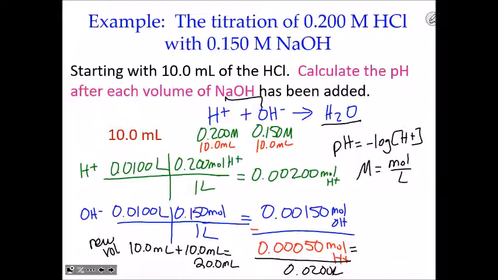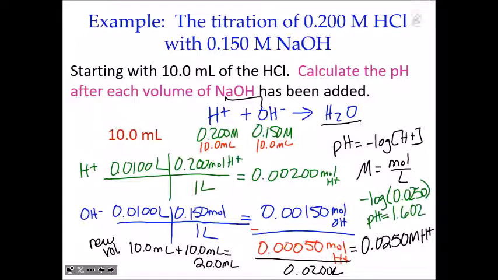And what do we get for our concentration? Molar of the hydrogen, then what do we do? Negative log of that value, and our pH equals, good, 1.602.